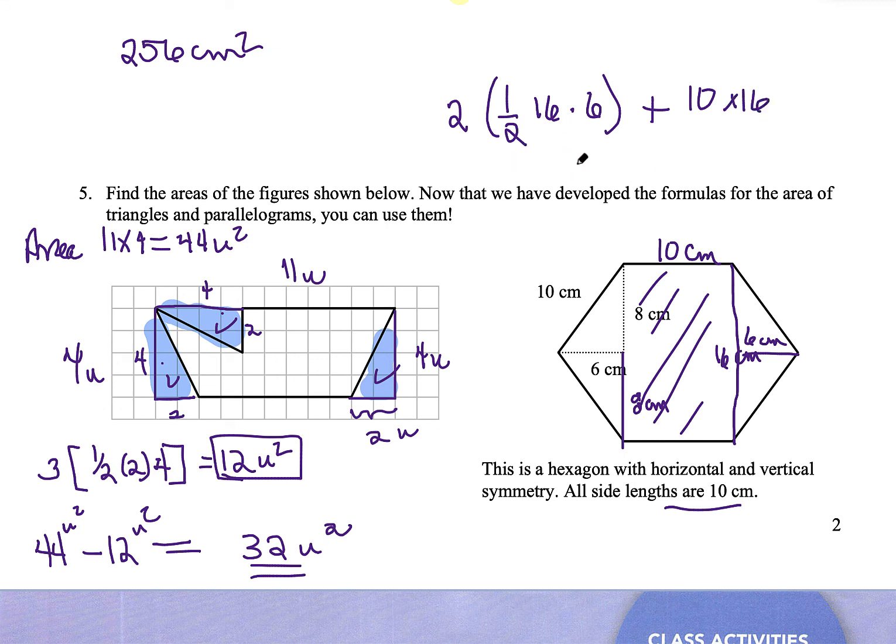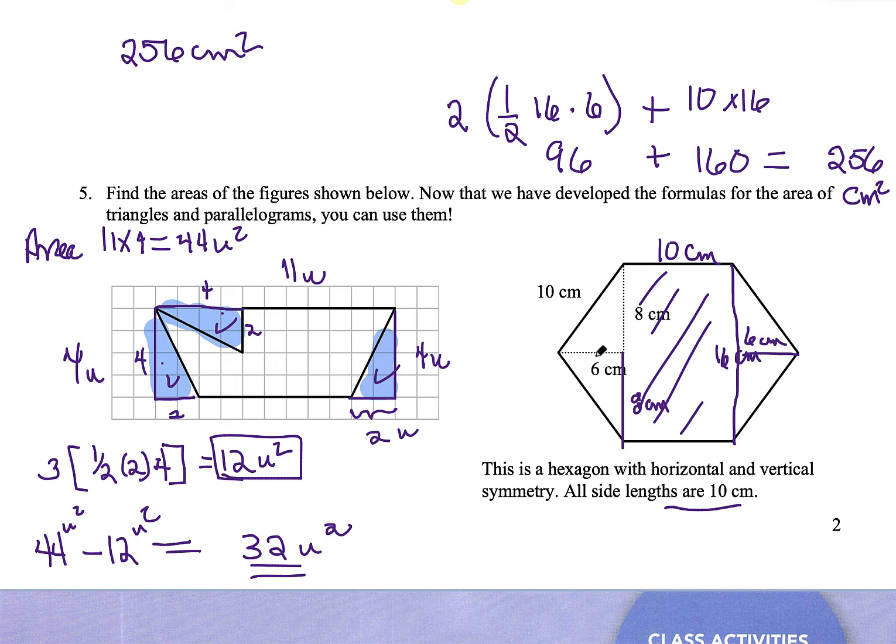So now we're going to get 16 times 6, 1/2 twice that, so 16 times 6 is 96, plus 10 times 16, which is 160, we'll end up with 256 square centimeters.